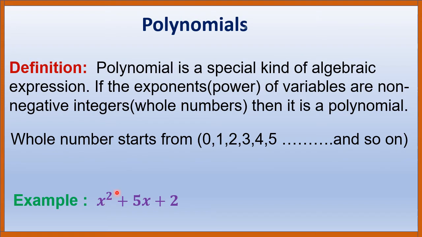Here, the variable is x and its power is 2. It is a whole number. In the term 5x, the power of x is 1, which is also a whole number, and the constant term is 2. Now we can say that this expression is a polynomial because the powers of the variable are non-negative integers, meaning the powers of variables are whole numbers, right?